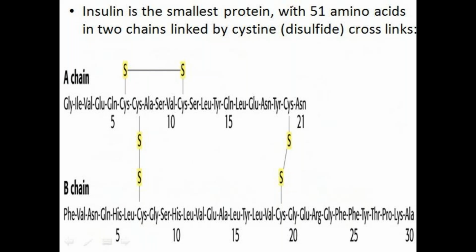The A chain and B chain are both linked by disulfide links. The A chain consists of 21 amino acids and the B chain contains 30 amino acids, linked by disulfide bonds.